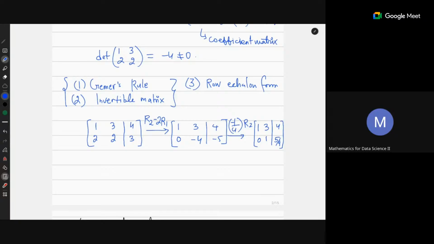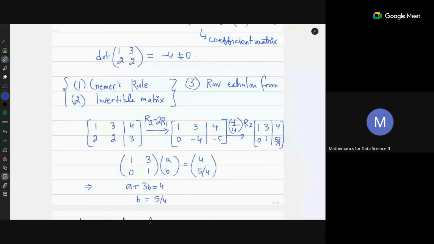Now write it back into the form like this, B is 5/4. Now, what is your A? A plus 3B is equal to 4, and your B is 5/4.